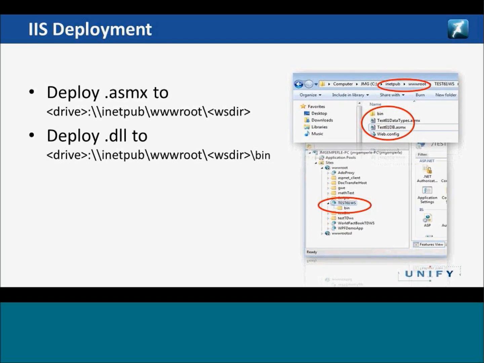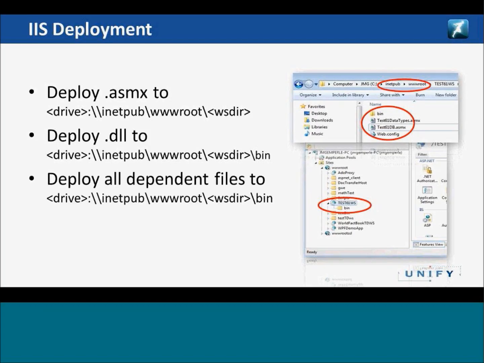The DLL that has been created when you compiled the web service app needs to go in a subdirectory called bin from that location. So you basically have the ASMX and then the subdirectory bin where you put that DLL plus all the other dependent files that that DLL calls. So if you're calling other .NET assemblies, classes, then you need to put all these DLLs into the bin directory for the application to be able to access those.